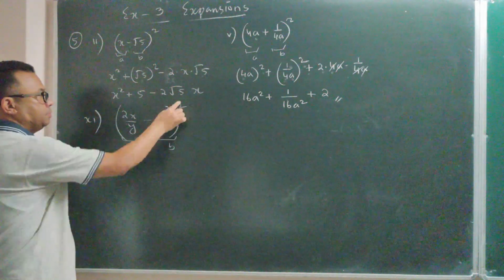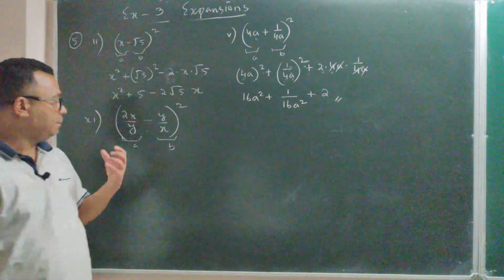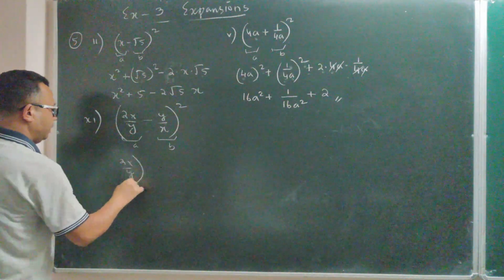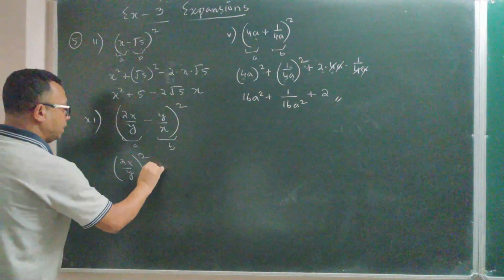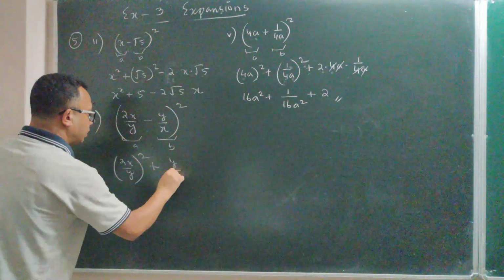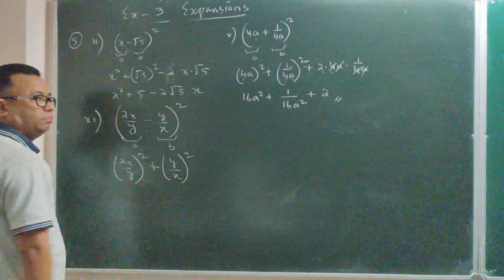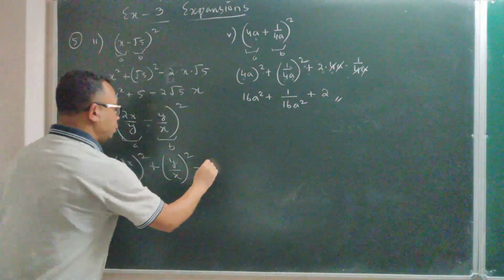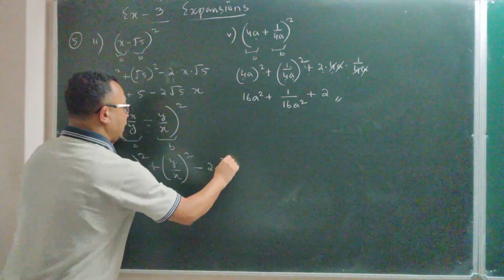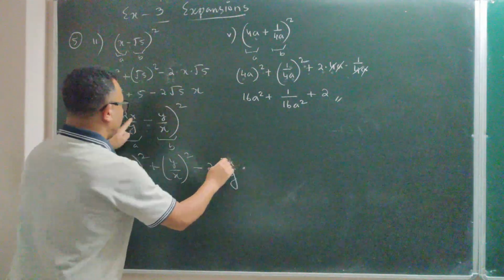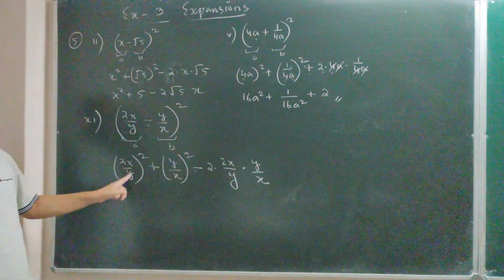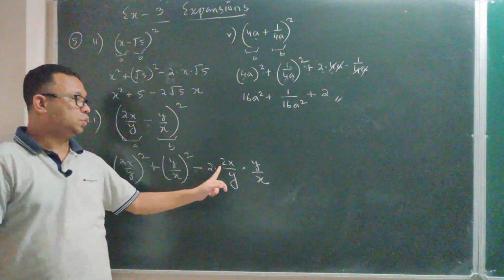So this is A minus B whole square, and A minus B whole square is A square plus B square minus 2AB, since minus is there. So 2 into A, where A is 2x by y, into B, which is y by x. So A square plus B square minus 2AB.